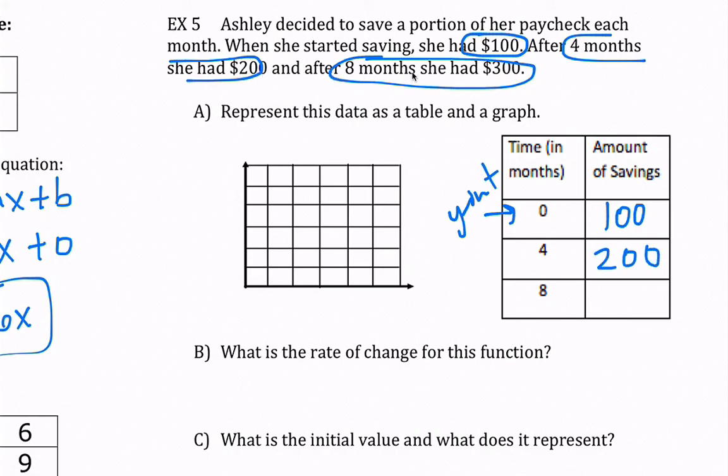And after 8 months, she had $300. So remember, it's always your x and your y. This is your x-axis, this is your y-axis. We know x stands for time, so let's put time down here. And our y is talking about savings, which is money, so I'm going to put a money symbol on this side.